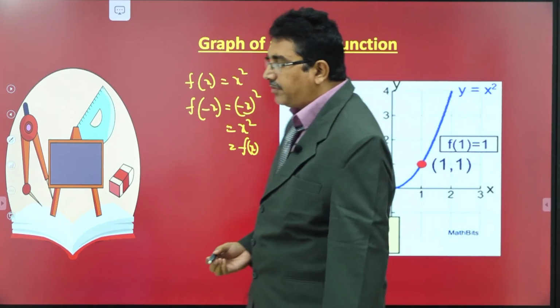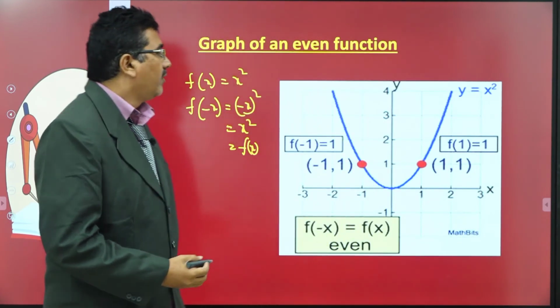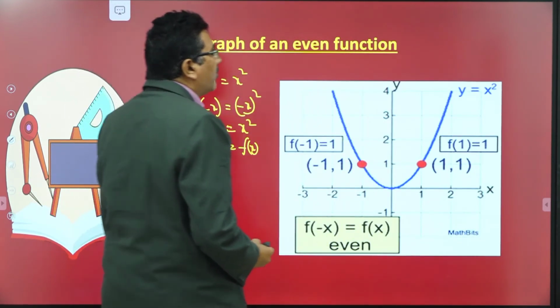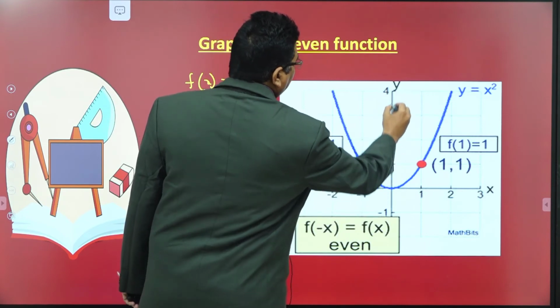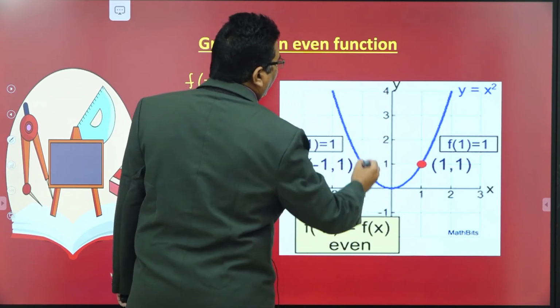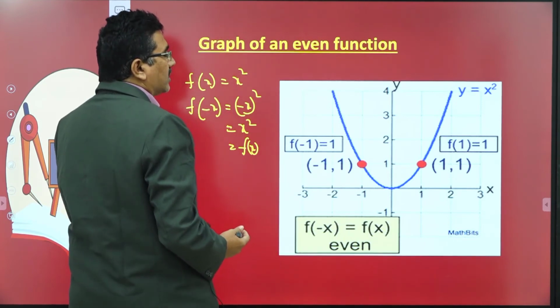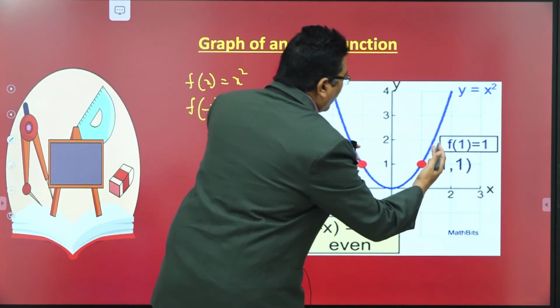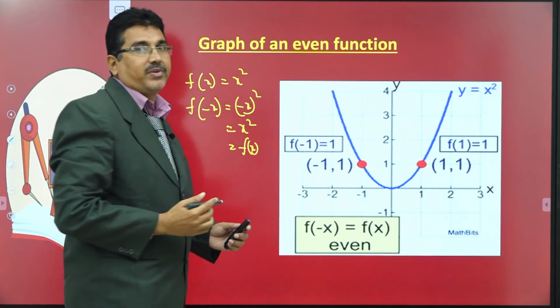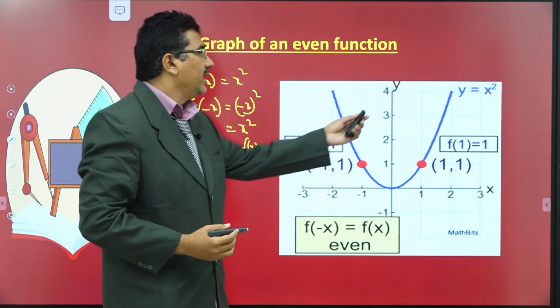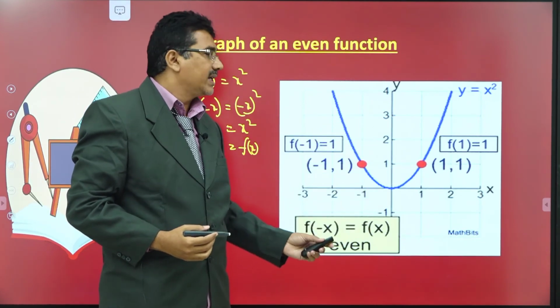See the graph clearly. The graph is symmetric about the y-axis. Suppose the graph is folded along the y-axis.